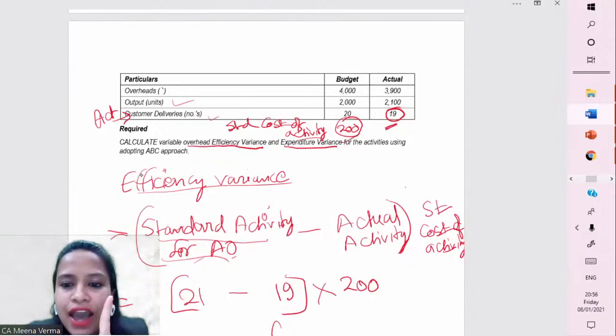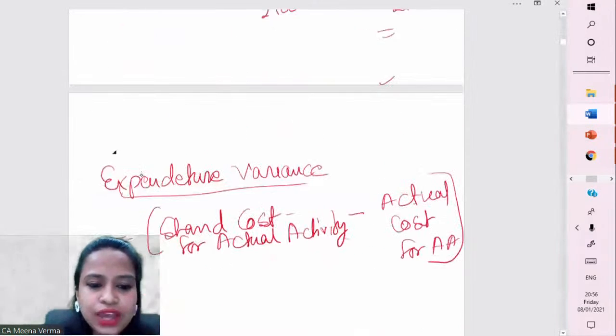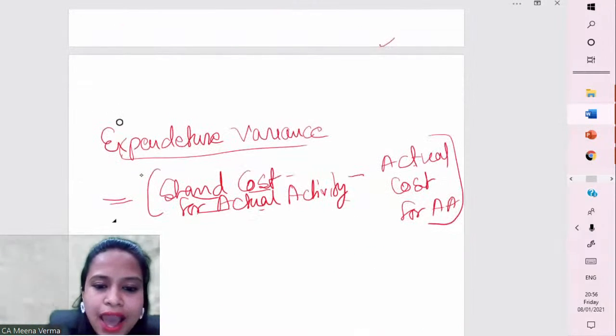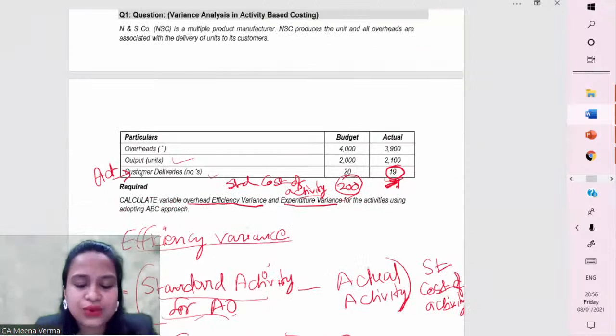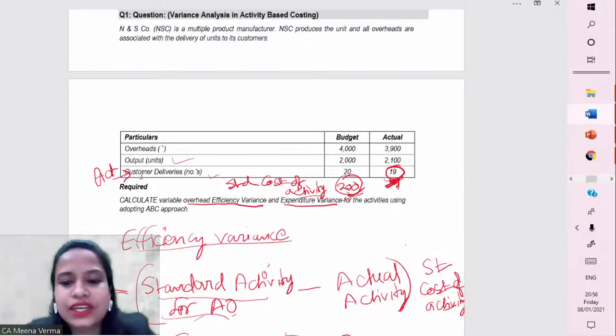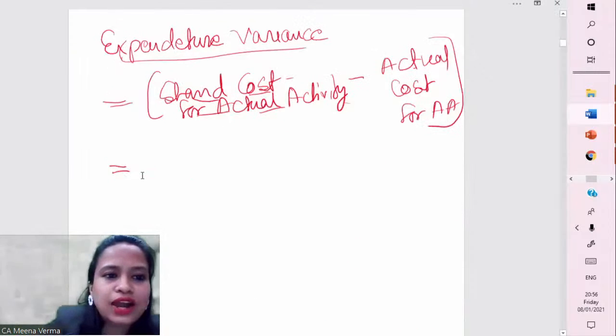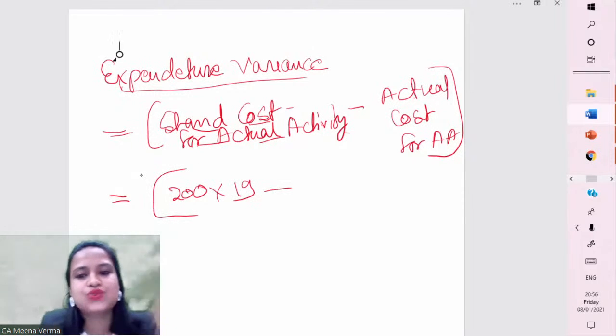If my actual activity is 19, what will be the standard cost of actual activity? It will be 200 into 19. This will be my standard cost for actual activity.